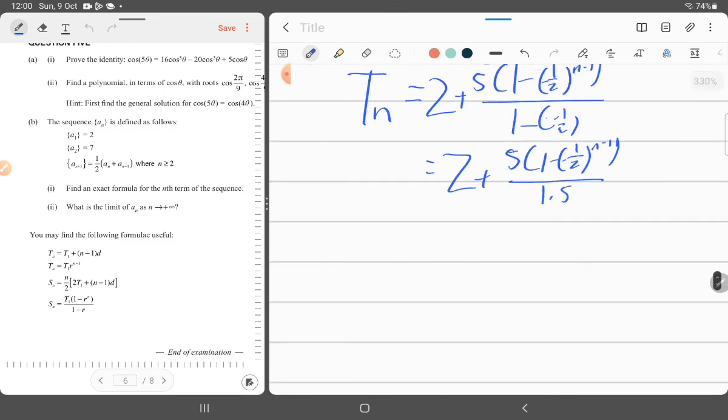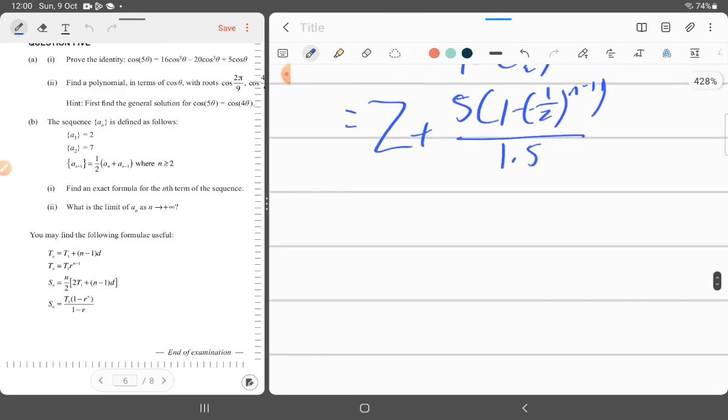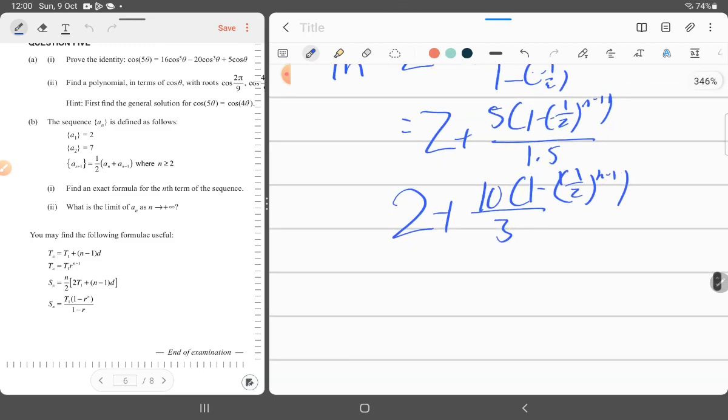This is quite bulky in my opinion. Let's maybe just clean that up together. So 2 plus 10 over 3 brackets negative half to the power of n take away 1.